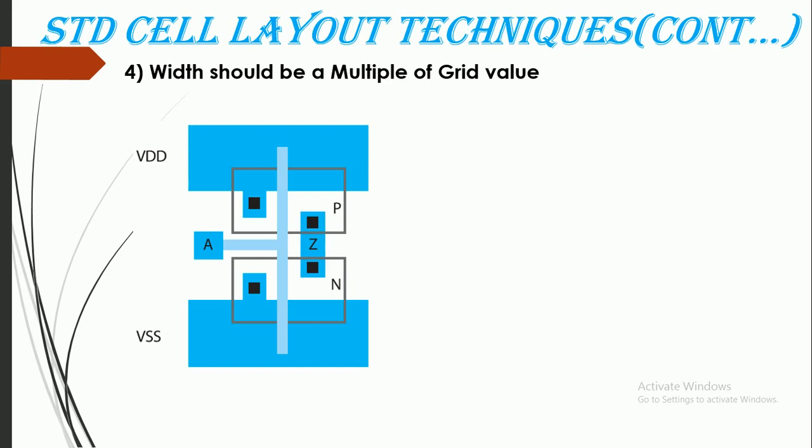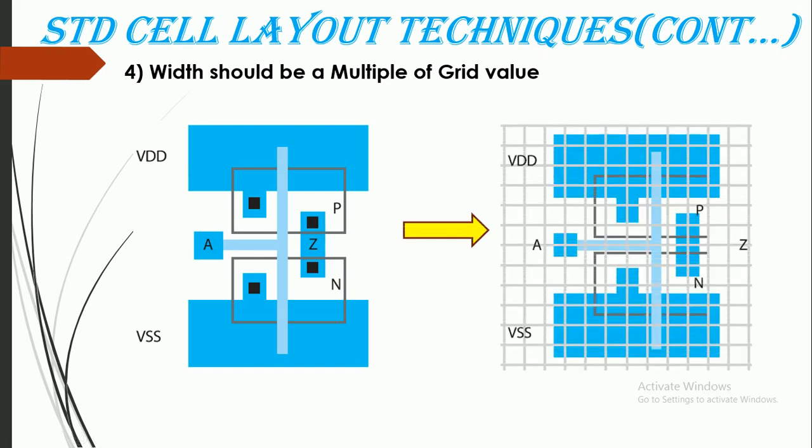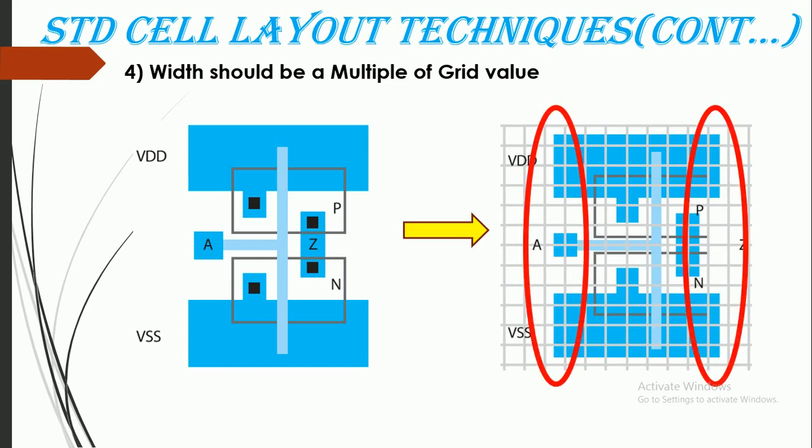If I consider a layout of an inverter, it must be placed in such a way that we can see the endings are on grid, so that if I place this cell next to another cell, continuity will be provided and they will be properly abutted. That's the main concern.